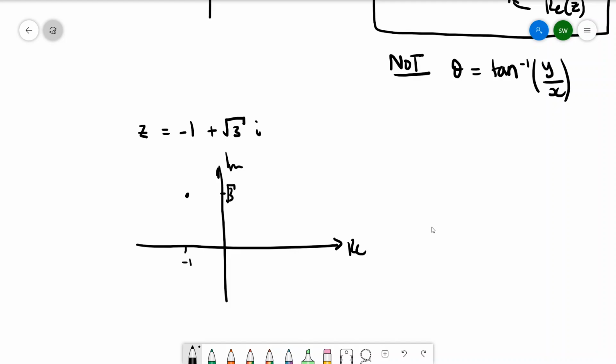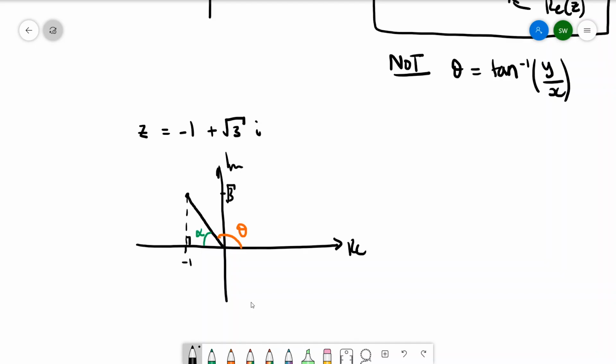If we wanted to find the argument, what we would have done so far is say, well, we want this angle here, which is our argument, so let's call that theta. To find that, we first find this angle, which let's say is alpha, using this right angle triangle.